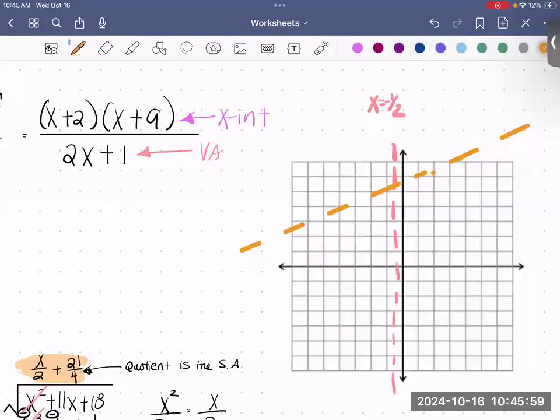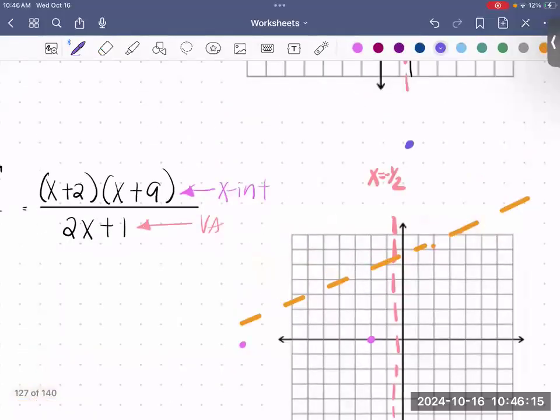Now let's go ahead and graph some of your special features. So you have -2, and that's 1, 2, 3, 4, 5, 6, 7, 8, 9 right here. You have your y-intercept, which I'm just going to pull all the way up here. Now we can go ahead and connect your dots.